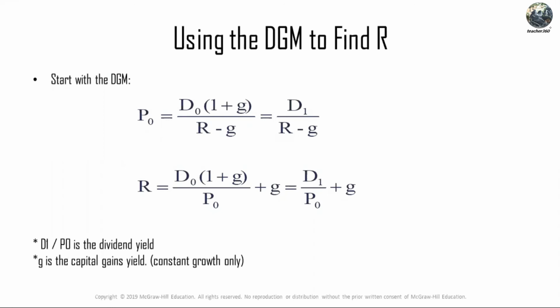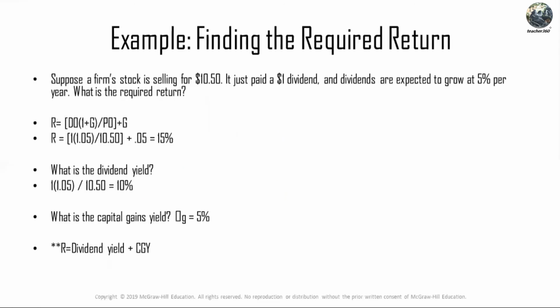So D1 by P0 is the dividend yield and g is the capital gain. Suppose a firm's stock is selling for $10.50. It just paid a $1 dividend, and dividends are expected to grow at 5% per year. What is the required return?